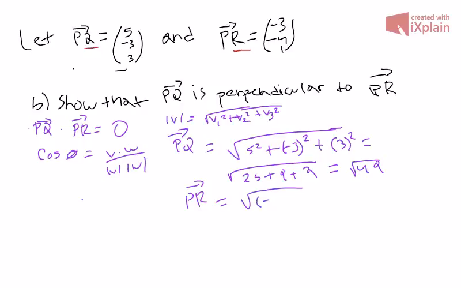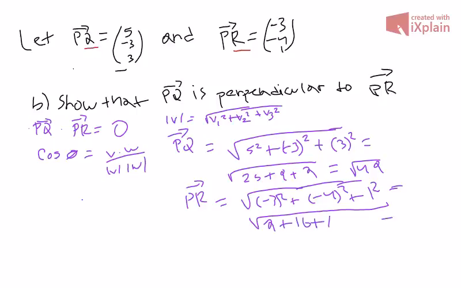So the square root of negative 3 squared plus negative 4 squared plus 1 squared. We find that this is equal to 9 plus 16 plus 1, which is equal to the square root of 26.